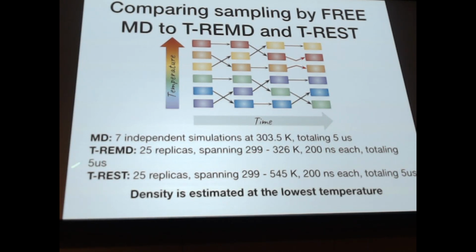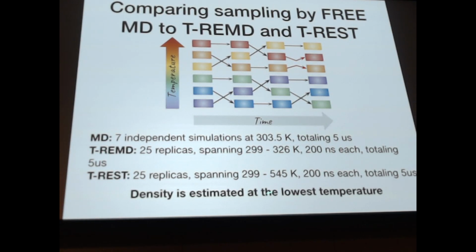In the case of replica exchange solute tempering, as I mentioned briefly before, only the solute is heated as opposed to the entire system, and this allows us to span a temperature range that is much higher than in the case of replica exchange MD. This then allows us to overcome much higher free energy barriers.